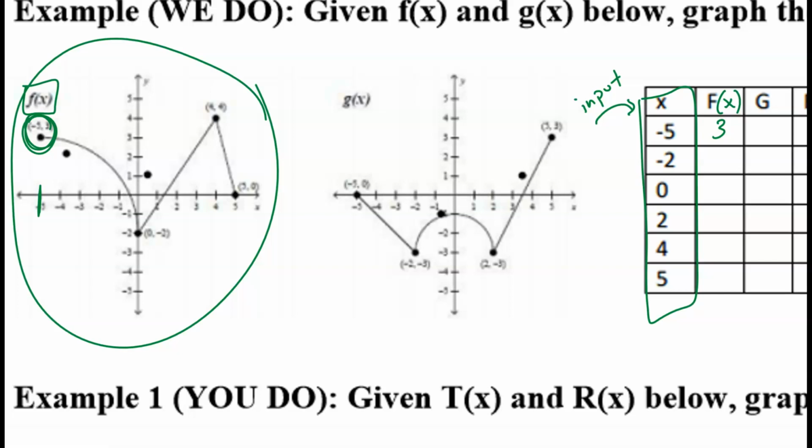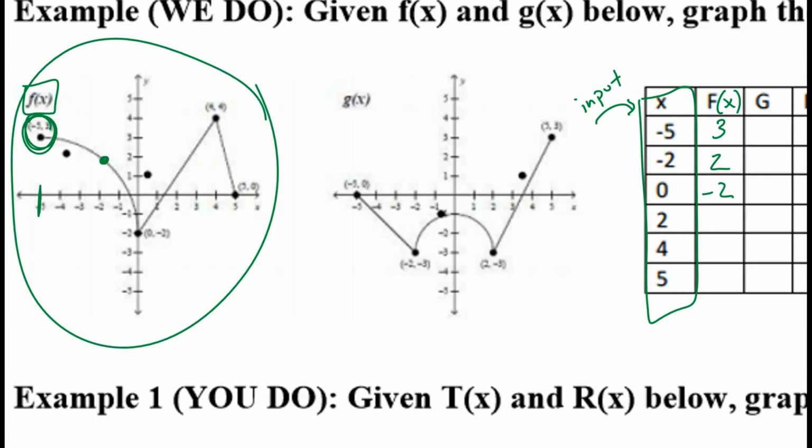-2 on the x-axis. If I follow that -2 upward, what's my y value at that point? This one you kind of got to guess at. I hate guessing, but that's what you got to do. 2. Yeah, I would say 2. When your x value is 0, what's your f of x? -2, yes.